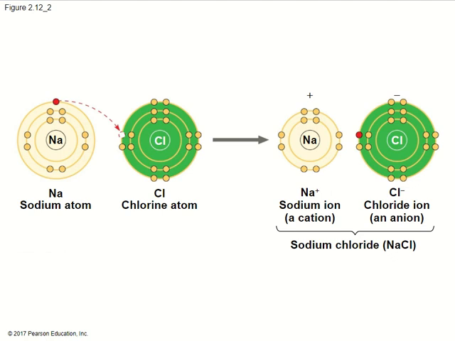Therefore, sodium has one less electron than the total number of protons in its nucleus, so it has a positive 1 charge, and chlorine now has an additional electron, one more than the number of protons in its nucleus, so it has a negative 1 charge. And because one is positive and one is negative, they'll be attracted to each other through electrostatic charges. Therefore, there's not a shared chemical bond between them, but a bond through charge.